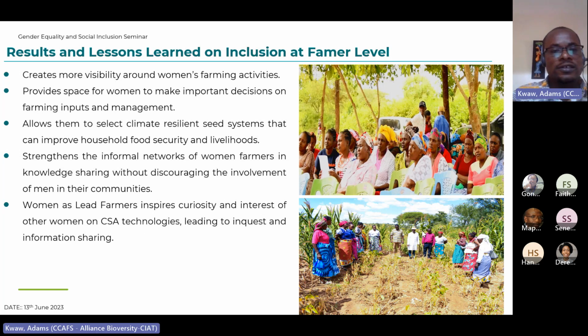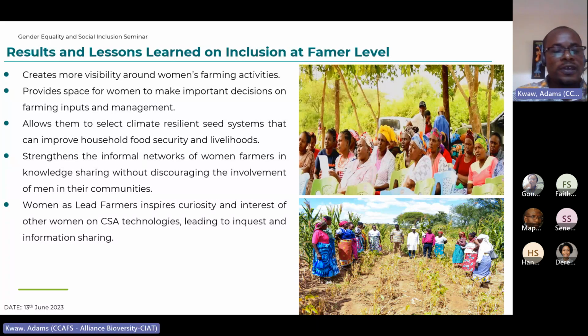And then it also gave them the opportunity to make decisions around climate resilient seed systems that we had introduced to them through the demonstration, because by putting them at the forefront, they became very open to the project technologies. And because they were leading, they became the first recipients of the new innovations we were introducing.